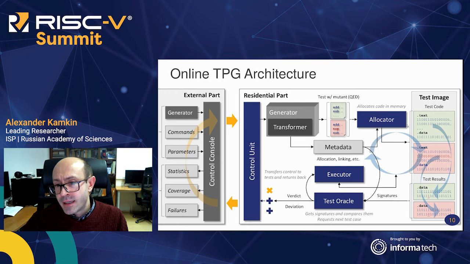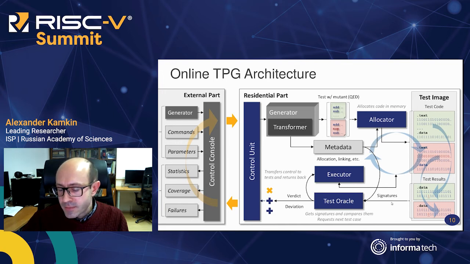Okay, the allocator allocates test images in memory. One important remark: the generator also produces metadata that describes where to allocate test images, where to get signatures, and so on. So based on that information, the allocator allocates test images in memory, and then the executor transfers control to tests and returns back, of course.